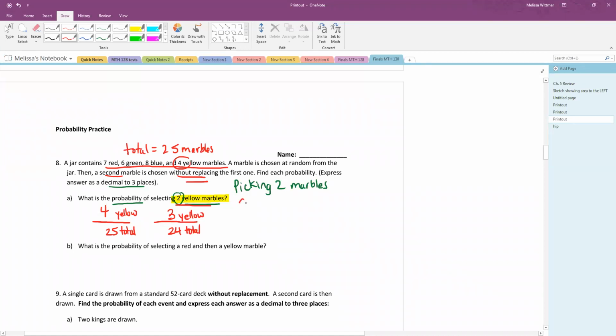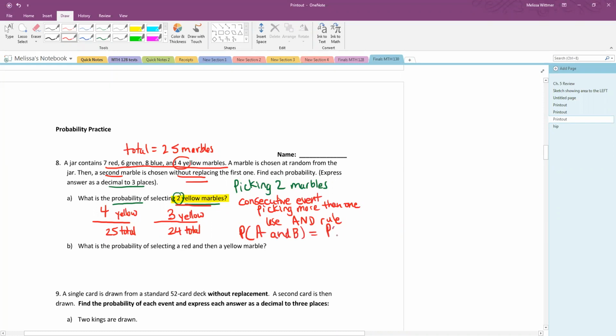Now this is called a consecutive event, picking more than one, and this is using the AND rule. So whenever you see consecutive events picking more than one, it's the probability of A and B happening.